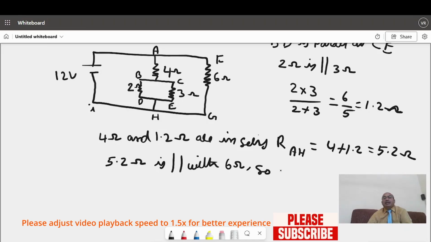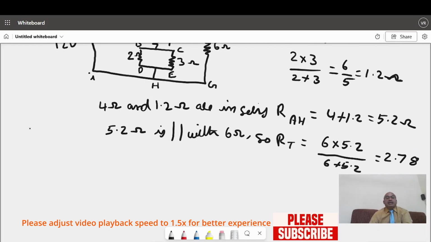So the total resistance RT is equal to 6 into 5.2 divided by 6 plus 5.2. You can use the normal formula also, 1 by R, 1 by 5.2, like that, same answer you will get. 6 into 5.2 divided by 11.2 is 2.78. So this is the answer.